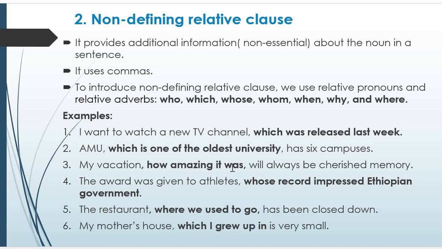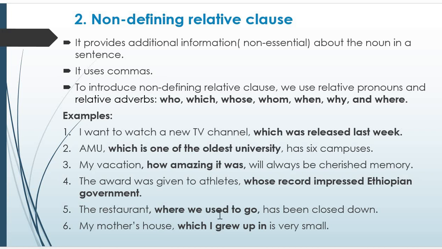The bolded ones are non-defining relative clauses. Okay? They give additional information for the given noun. If you miss where we used to go, for example, nothing happens to this sentence, since it is additional information about the noun, the resort, the restaurant, sorry.